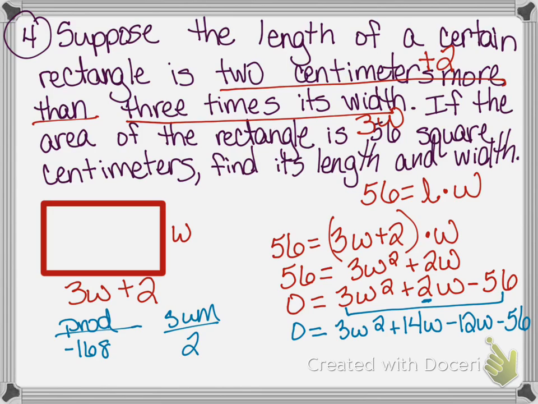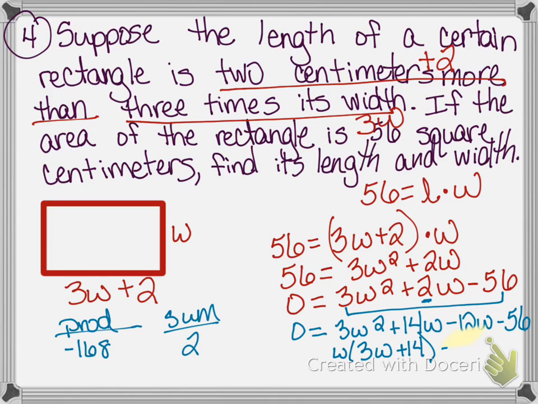Okay? So for my first one, the only thing that I can take out is a w. That's the only thing I can take out. So I've got a w times 3w plus 14. Do you see how that number right there is negative? That's an indication that you're going to have to take out a negative value. 4 goes into both of these.